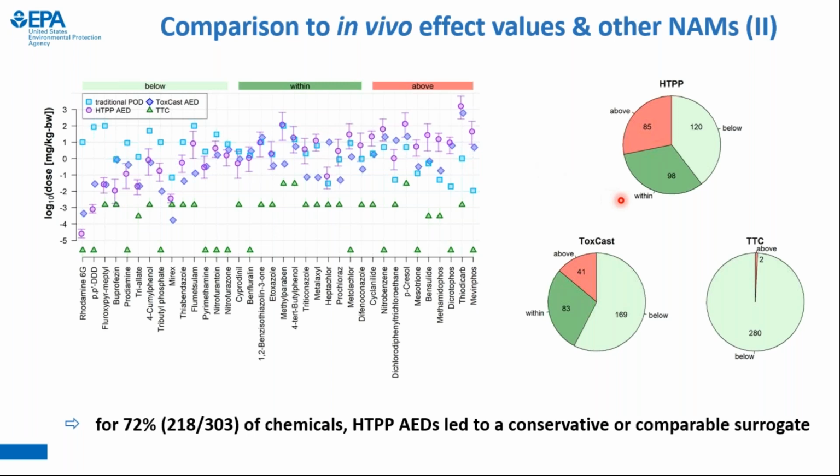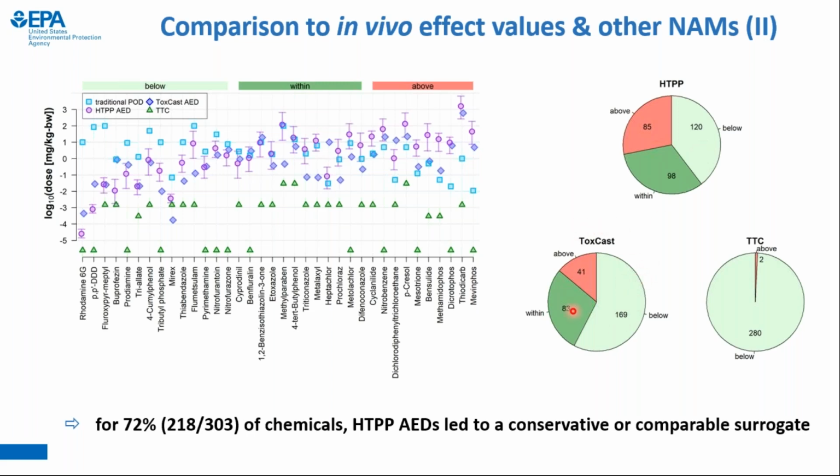And what we can see is that for a quarter of the chemicals, the HTPP estimate is above the traditional point of departure. And that's not really good. But for 3/4 of the cases, we are either giving a comparable surrogate or a conservative surrogate for the in vivo value.